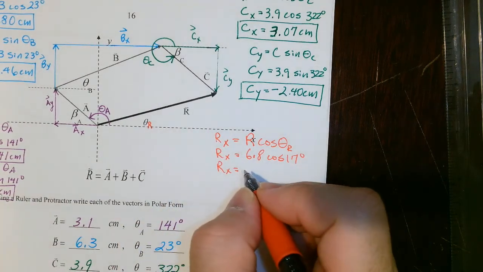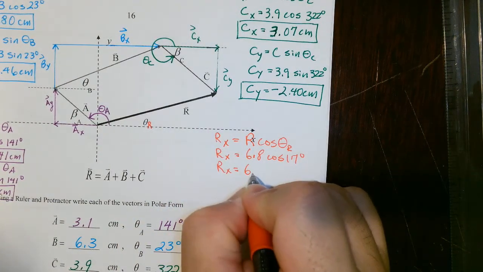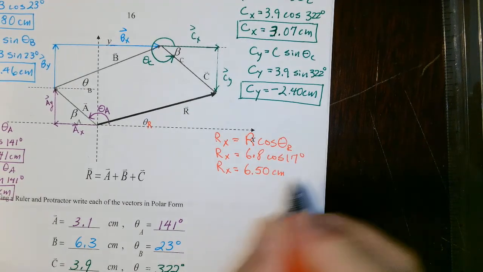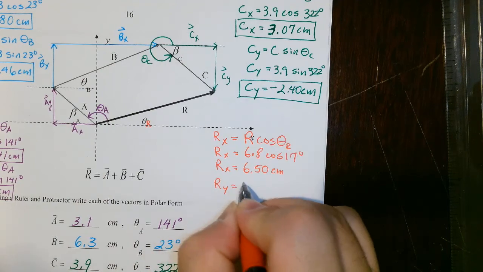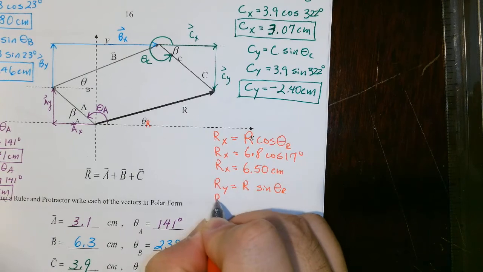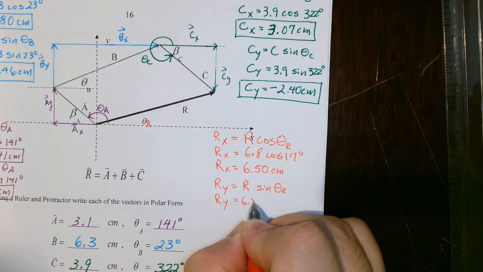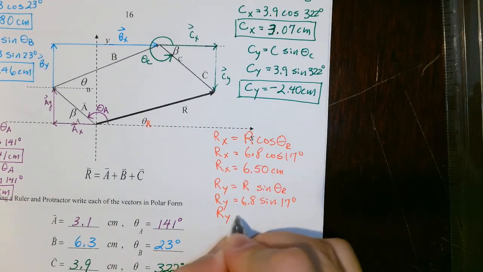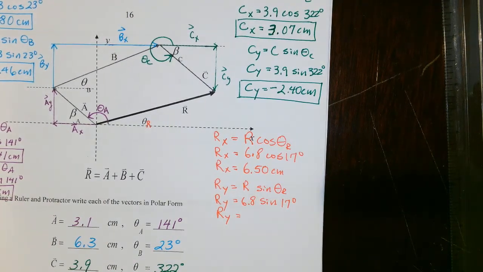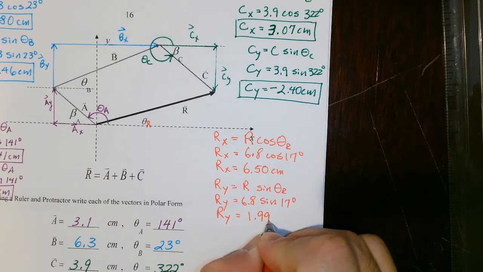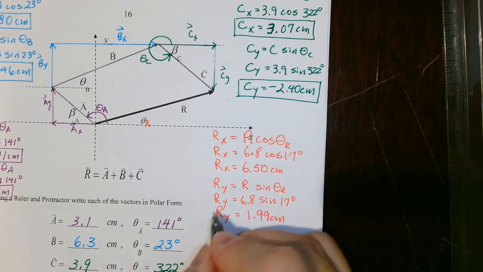I get 6.50 centimeters. And your RY is equal to R sine of theta R. So your RY is equal to 6.8 times sine of 17 degrees. And your RY is equal to 1.99 centimeters.